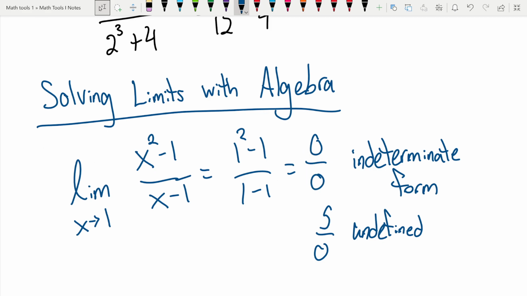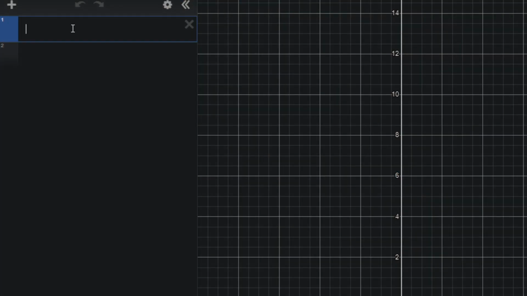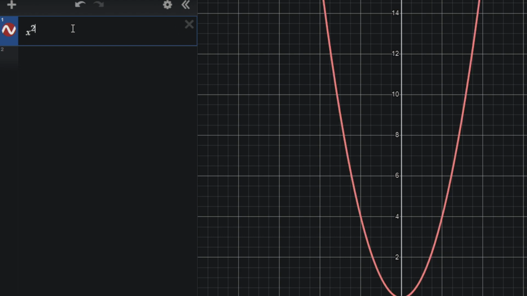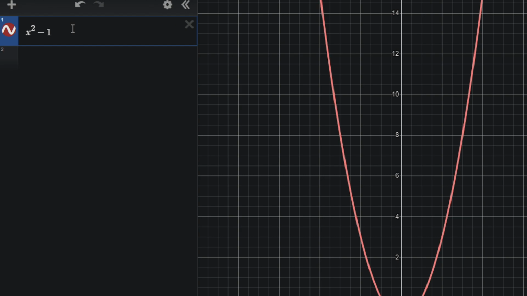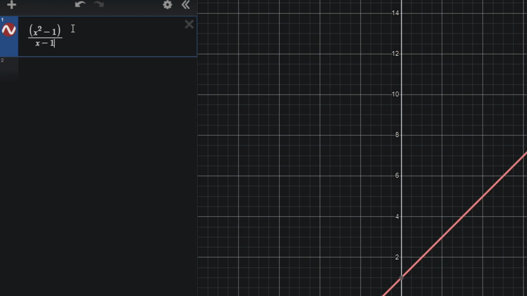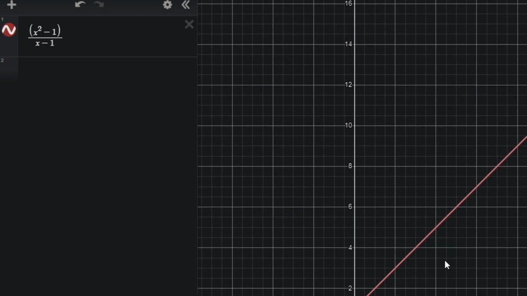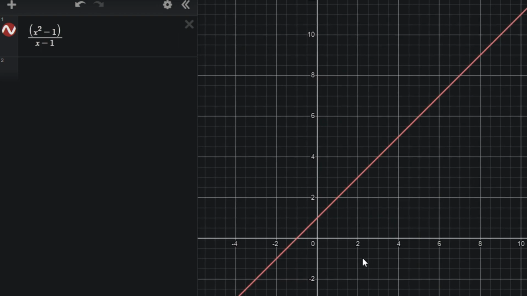This should also make sense if you remember the graph of this function, which I don't think we looked at, but we looked at a similar one. Regardless, if we look at x squared minus 1 divided by x minus 1, it just looks like a straight line.